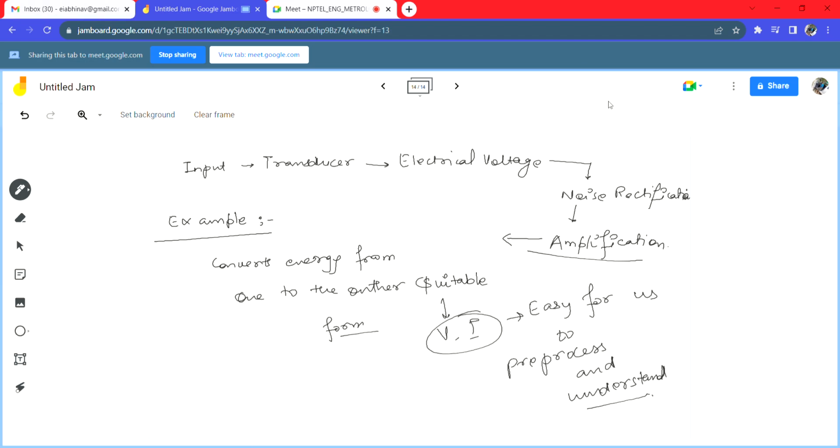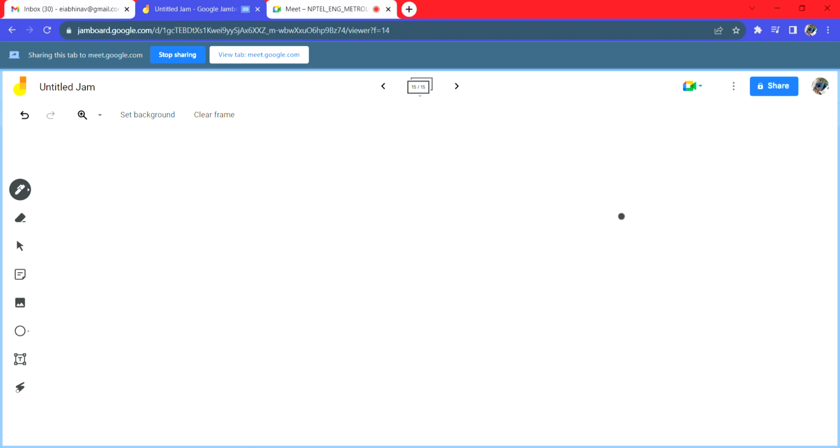So, let us go ahead and understand this with a resistance based transducer.